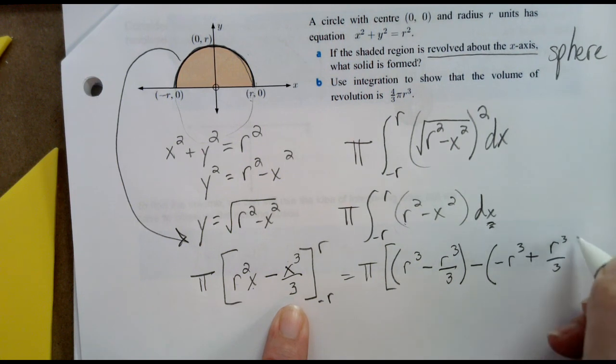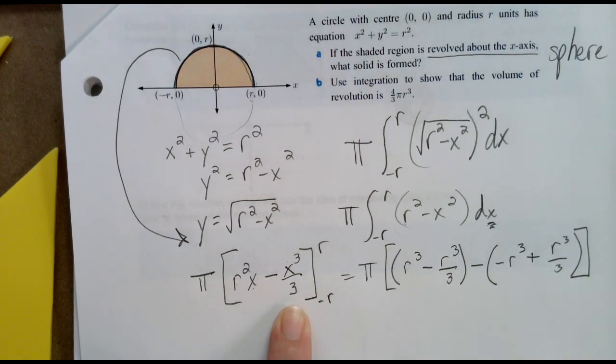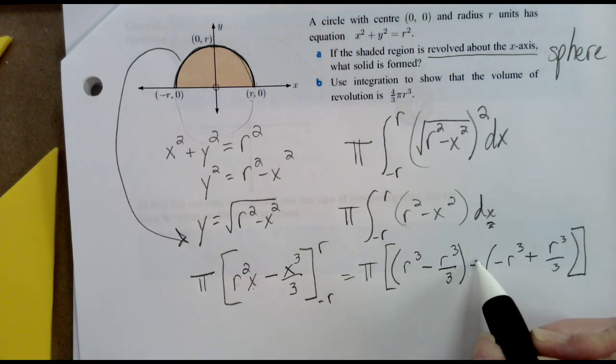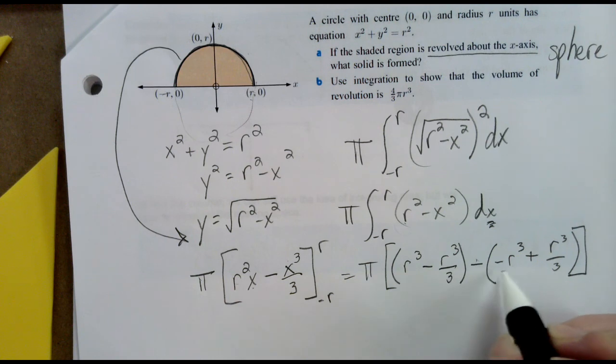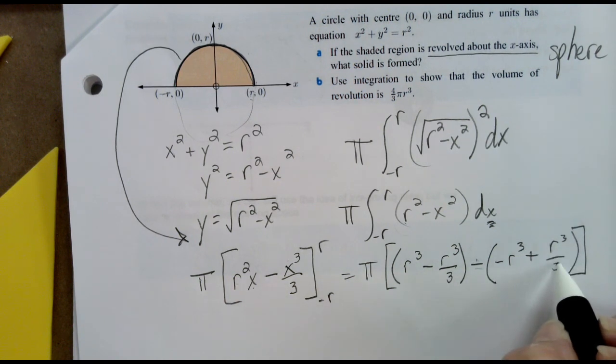Serenity now. So that's 2R cubed over 3 times 2. So this will be positive and that will be negative, right?